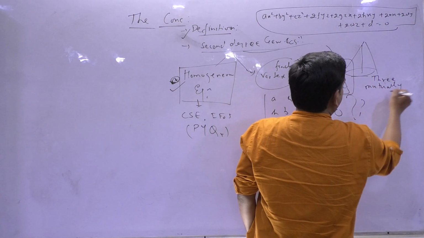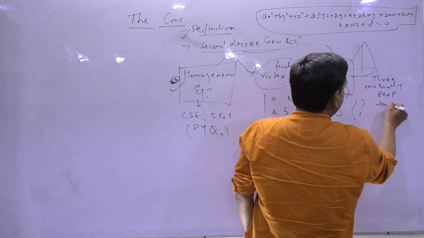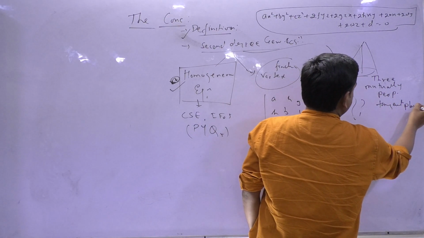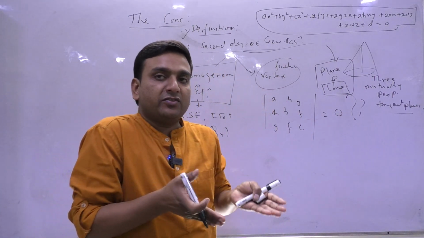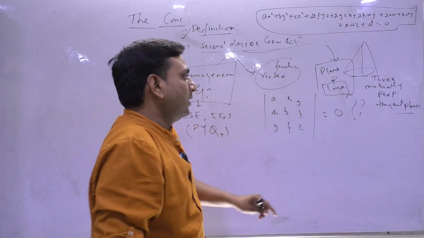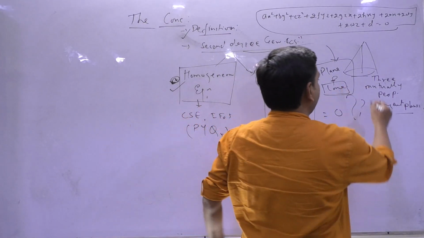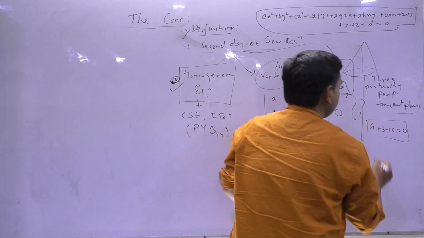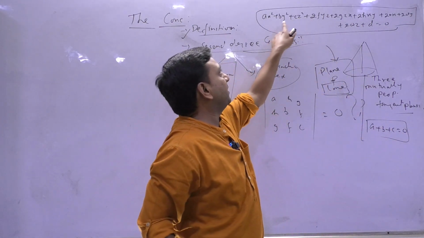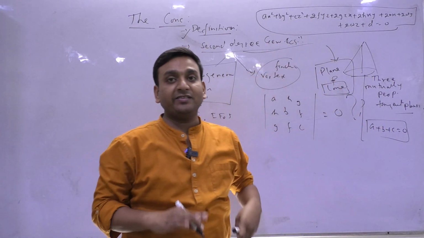Here the interesting phenomena we will be dealing with is 3 mutually perpendicular tangent planes. So what I discussed in the previous lecture, getting the tangent plane or tangent line, the same phenomena will be applied here, and we will be interested in knowing what happens if this a plus b plus c comes out as 0.